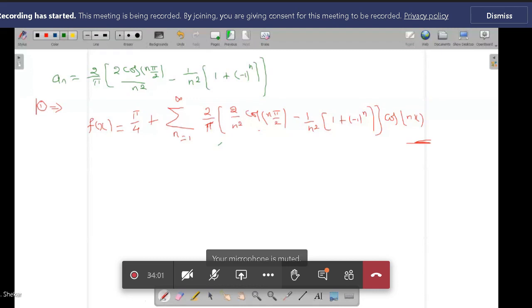So for odd n the whole thing itself is 0. You can see this whole thing is 0 because here 1 minus 1 is 0. For odd n you will get zero terms. Only for even n you get non-zero terms.